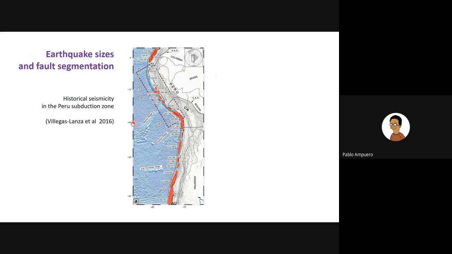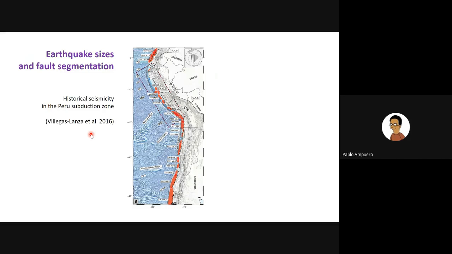These figures come from a paper by Juan Carlos Villegas Lanza, and I also like to use his papers in my presentations because he was a grad student who was trained thanks to funding by my institution, and after he graduated, he came back to Peru and now has a permanent position in the Peruvian Institute of Geophysics. So he's a good example of a success story of the mission of my institute, to train people from the global south.